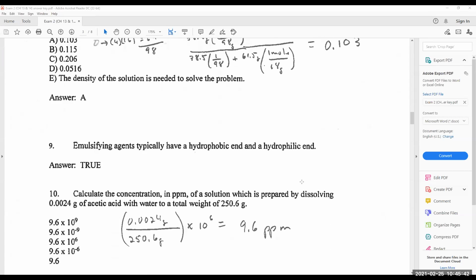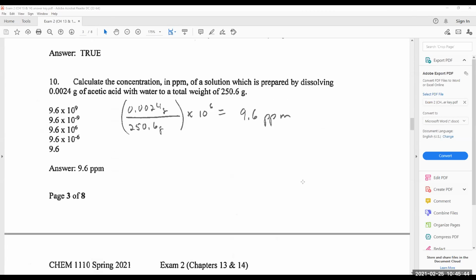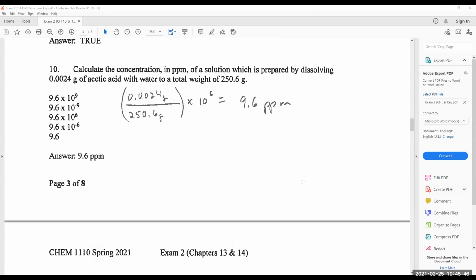Number 10, calculate the concentration in ppm of a solution which is prepared by dissolving 0.024 grams of acetic acid with water to a total weight of 250.6 grams.